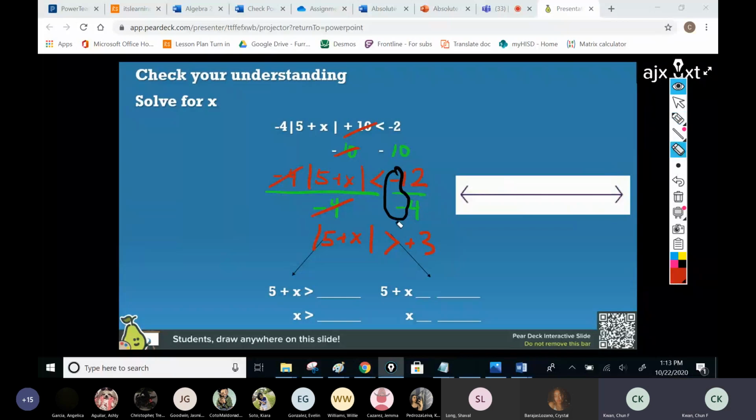So it is a positive because negative and negative gets you a positive. So one of them is greater than 3. The other one is less than -3. All right, now the last step is minus 5, minus 5.